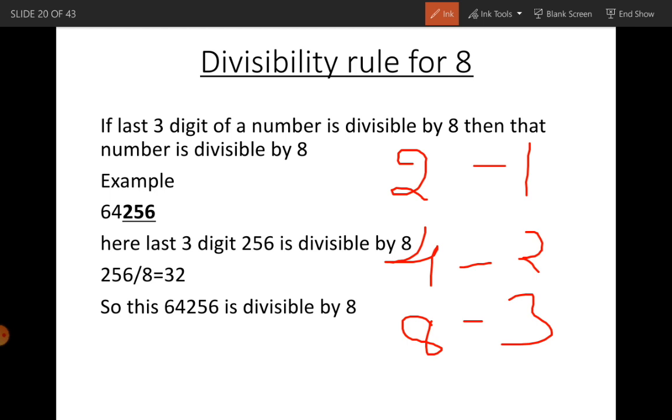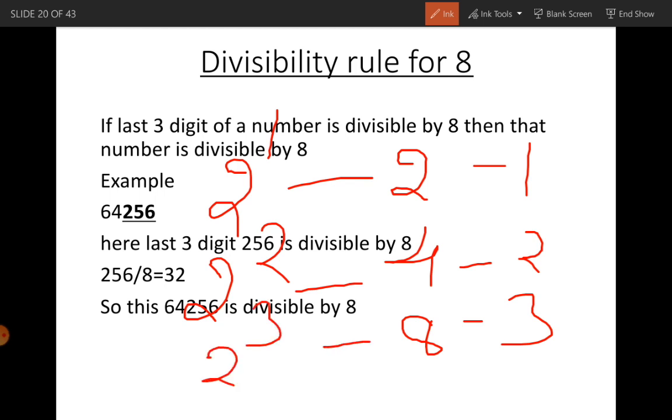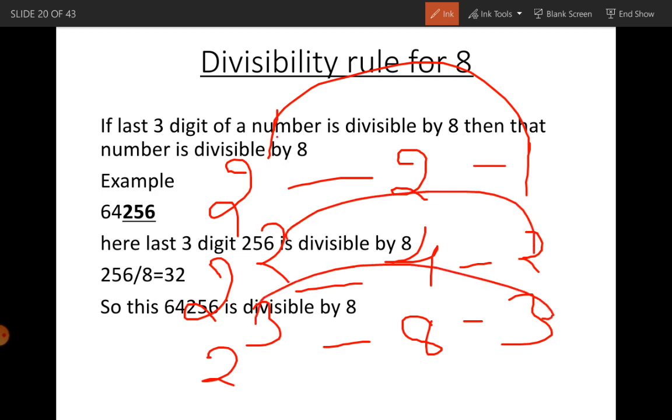Same thing: 2 to the power of 1 is equal to 2, 2 to the power of 2 is equal to 4, and 2 to the power of 3 is 8. The cube of 2 is 8. So we can remember it like this: for 2, 1 digit; for 4, 2 digits; for 8, 3 digits.